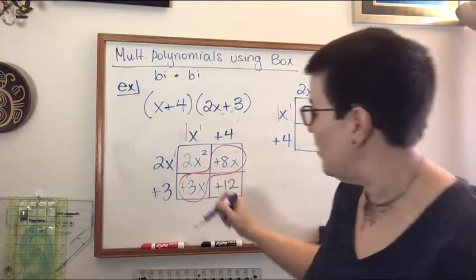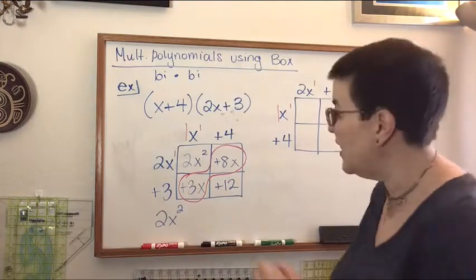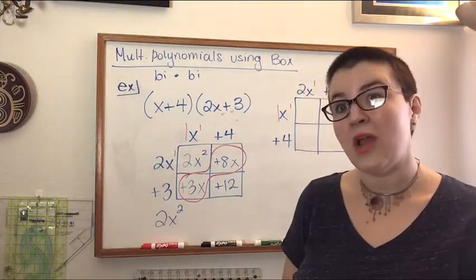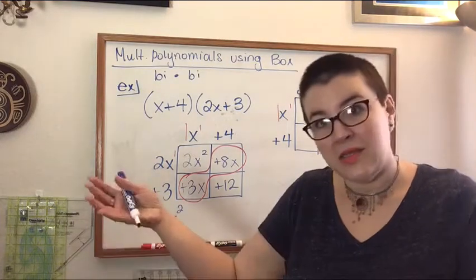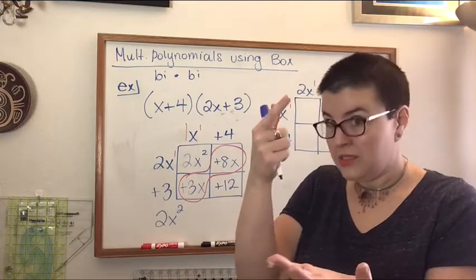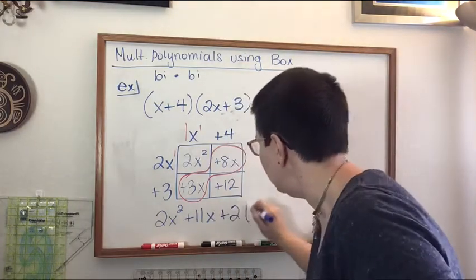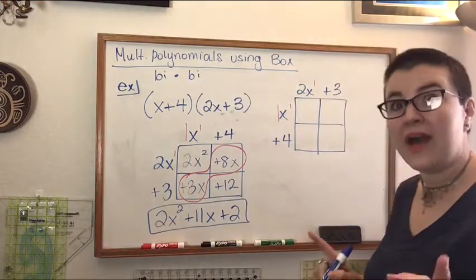This 2x squared is the biggest in terms of power, so we're going to write it first. Then notice I have 8 x's and 3 x's. If you've been practicing your adding and subtracting, I just combine those. If I have 8 x's in one basket and 3 x's in the other, 8 plus 3, 8, 9, 10, 11. That'll give me 11 x's. And then I have plus 2. And there's my answer.